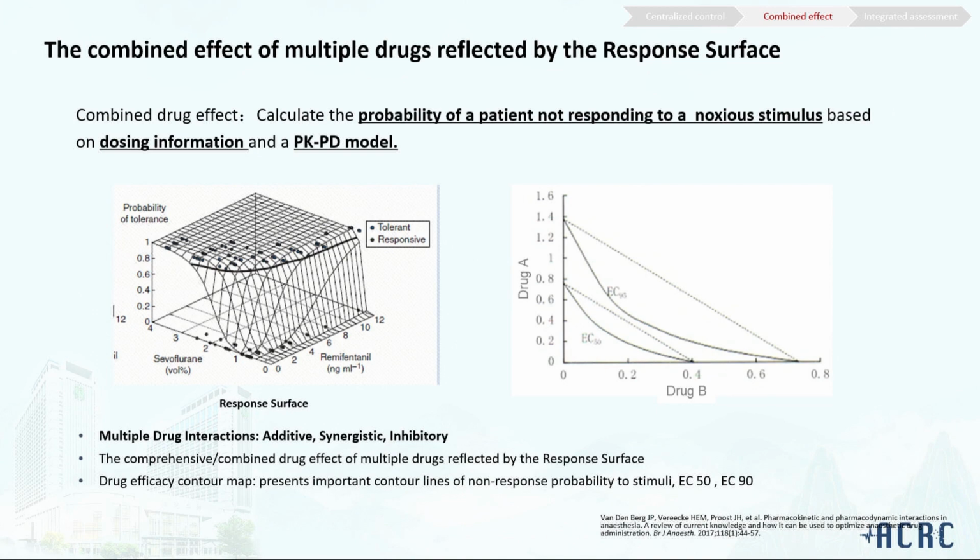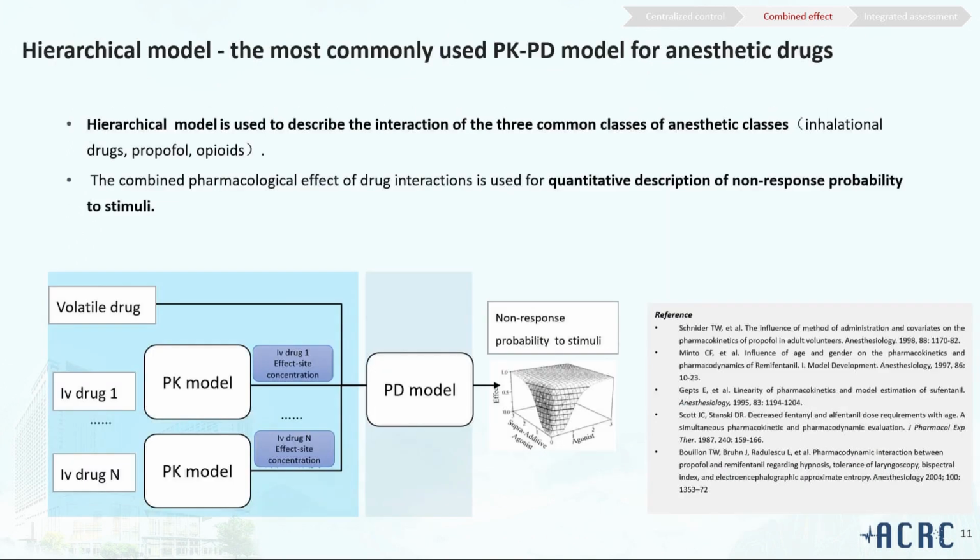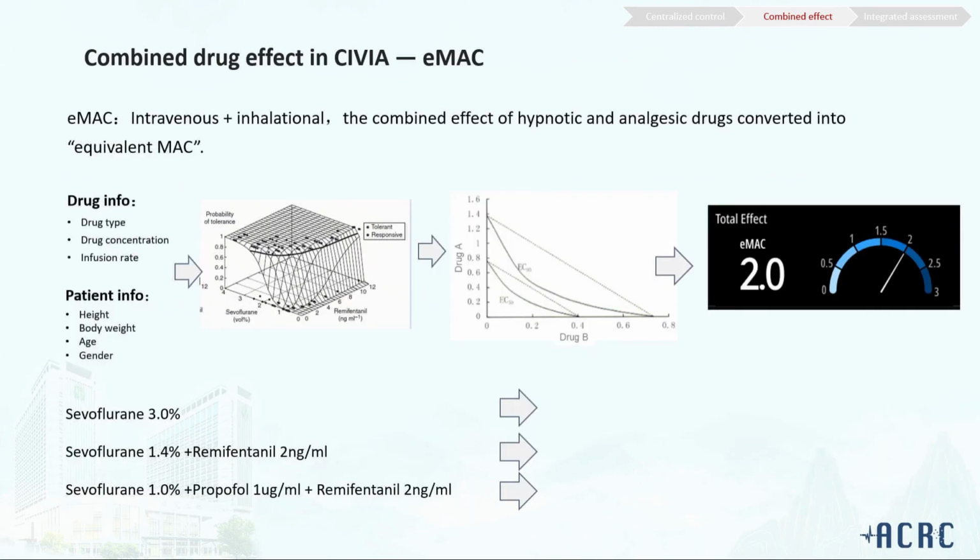Most of the combined effect of multiple drugs is reflected by the response surface here, and after that they convert it to the isobologram. The most used is the hierarchical model, and commonly the PK-PD model for anesthetic drugs. So this combining of drugs uses the PK-PD model through the response surface, and we can convert that into the EMAC, using the same concept or algorithm as SmartPilot or Navigator.